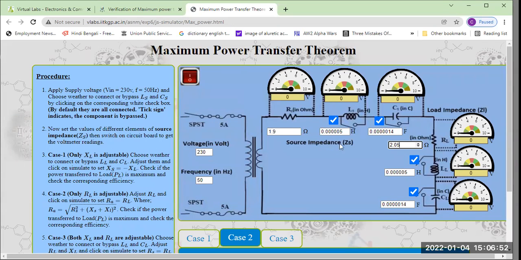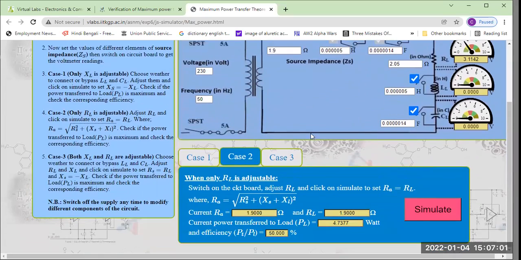So this is not the same, this is a mismatch. And if you apply the maximum power transfer theorem, now you can see the efficiency is not under 50%, it will be decreased. Look, yes, or sorry, this is increased. So in this way we can change the efficiency.